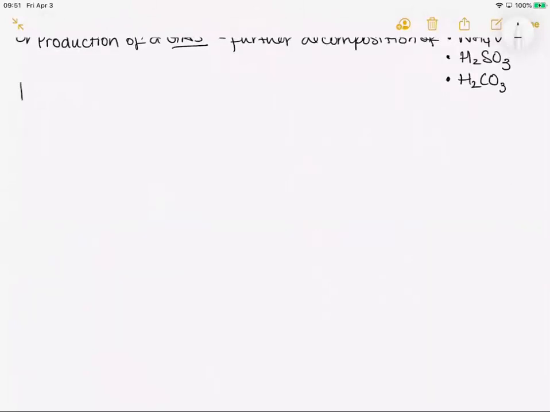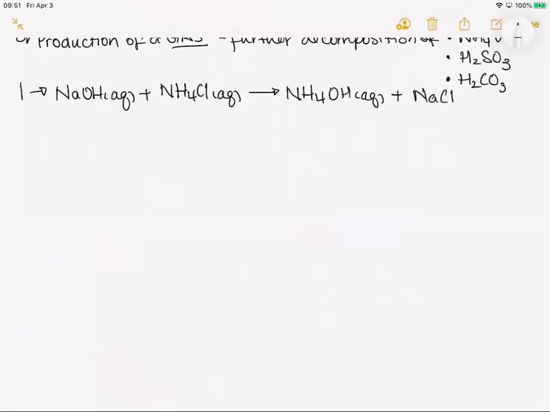So the first one, if I have NaOH aqueous reacting with NH4Cl, when they have a double displacement reaction, I'm going to have NH4OH and sodium chloride being formed.